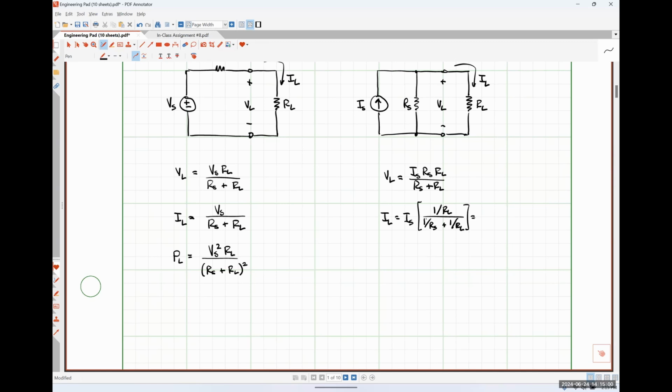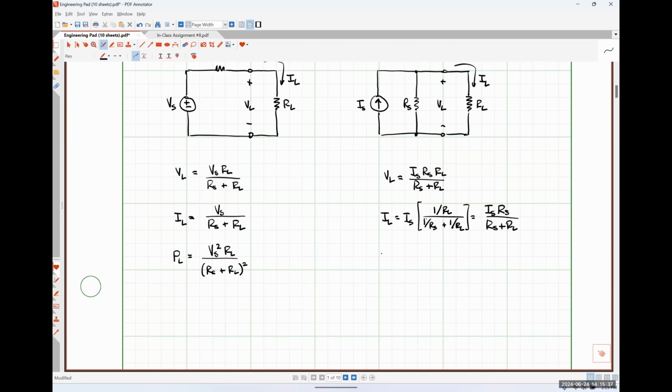And with a little bit of algebra, this actually comes out to be Is times Rs over Rs plus RL. If you don't believe me for this simplification here, simply multiply the 1 over Rs in the denominator by RL over RL, and the 1 over RL by Rs over Rs, and you'll get this within a step or two of algebra.